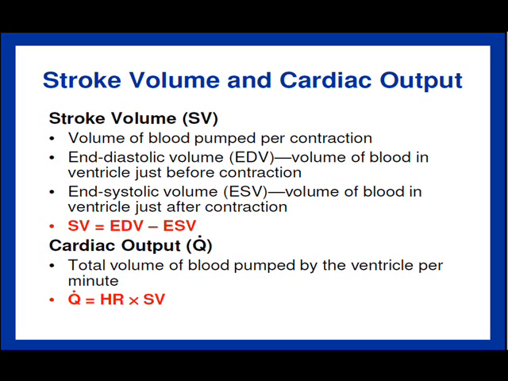So stroke volume equals the end diastolic volume, which we're defining in a minute, minus the end systolic volume. What's the end diastolic volume? Well, diastolic is the end of the relaxation phase in the heart. So it's the volume of blood in the ventricle just prior to contraction, not afterwards. So your ventricle is completely filled with blood. That is your end diastolic volume.